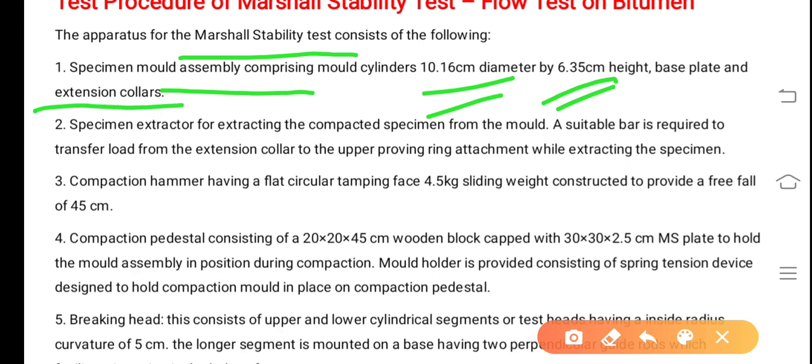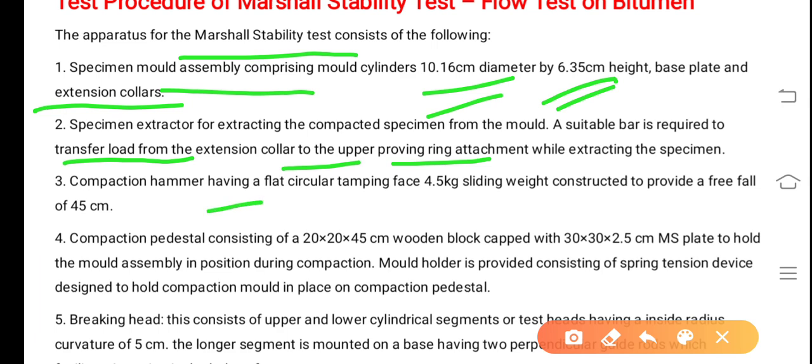I have shown this in the previous slide with the help of a photograph. Specimen extractor for extruding the compacted specimen from the mold. A suitable bar is required to transfer the load from the extension collar to the upper proving ring attachment while extracting the specimen.